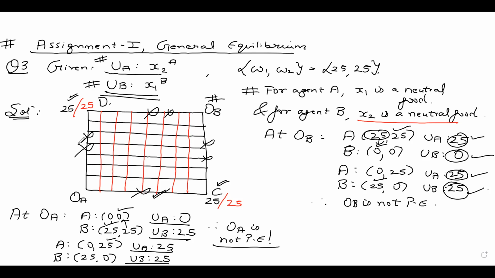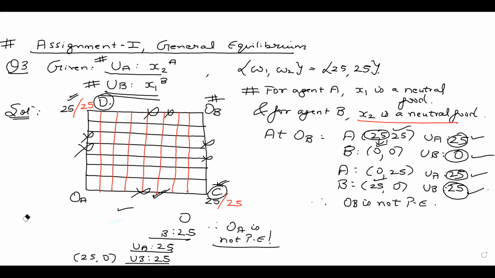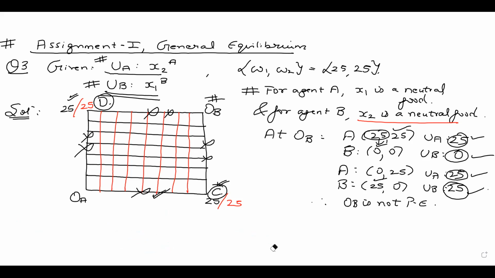So let's look at the corners now. The two corners left are C and D. So let's see what happens when we are at the point C. At the point C, A has 25, 0 and B has 0, 25.